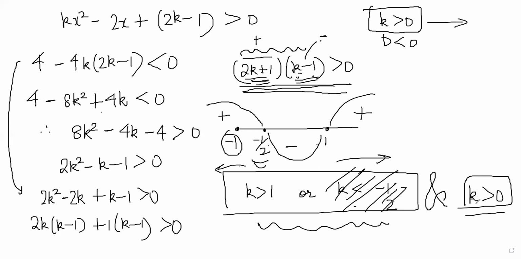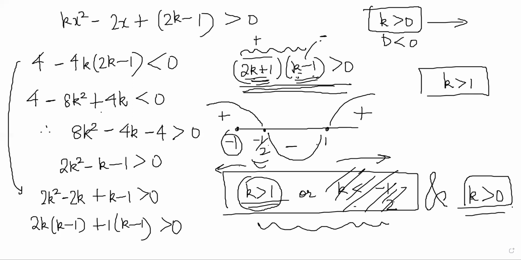So your final answer should be k greater than 1, because that satisfies both the conditions. K greater than 1 will make sure that the discriminant is negative and k is also greater than 0. So that will be the answer. I hope that is somewhere in the options. Yes, it's option B.